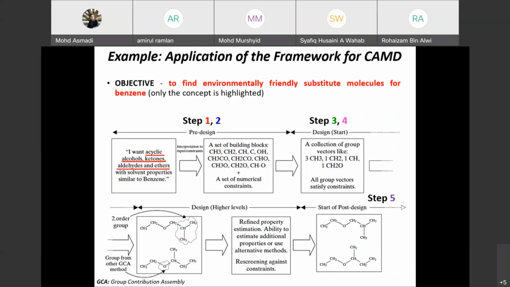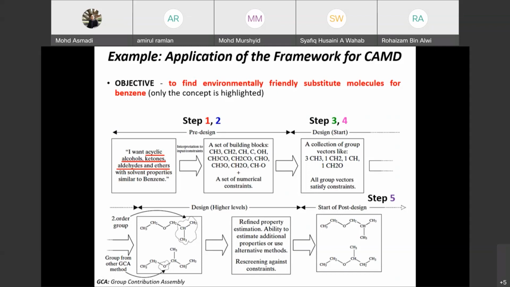the first step 1 and step 2 is a pre-design, right? I want a cyclic alcohol, ketone, aldehyde and ether with solvent properties similar to benzene. Kita dah ada target lah. Okay. So something that is a substitute lah, an environmentally friendly alternative likely to be cyclic molecules kan, kat situ kan, alcohol, ketone with CHO lah.